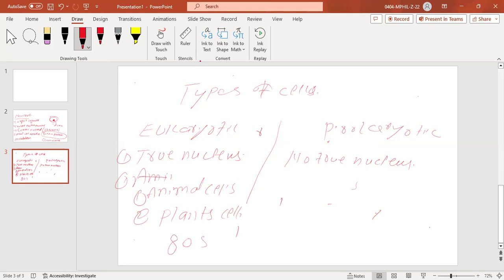The subunits by which the whole ribosome is formed give us the S, which stands for Svedberg, a scientist who named these two types of subunits. It is the sedimentation unit. So what is sediment? Something that takes time to settle on the surface. That is what we call sedimentation.